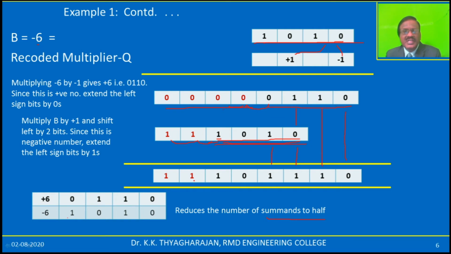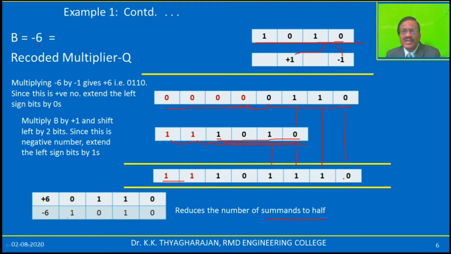But if you see this result, the MSB is 1. That means this binary number is a negative number. That means it is in 2's complement representation. If you want to get the actual value, you have to take 2's complement of this one. That means minus into minus is plus.